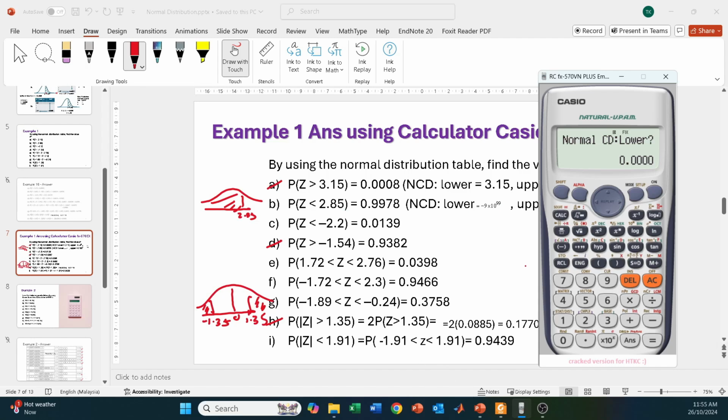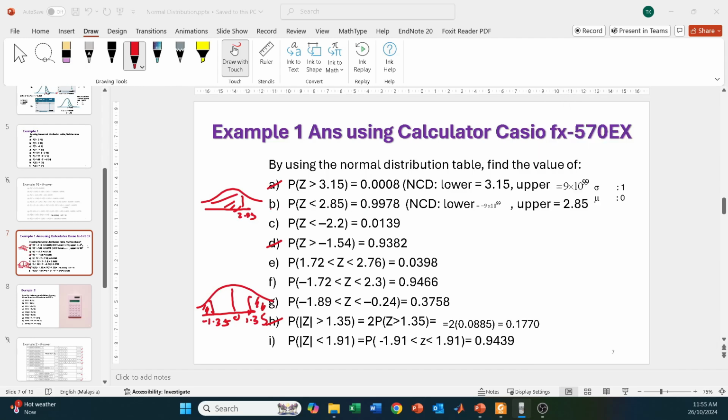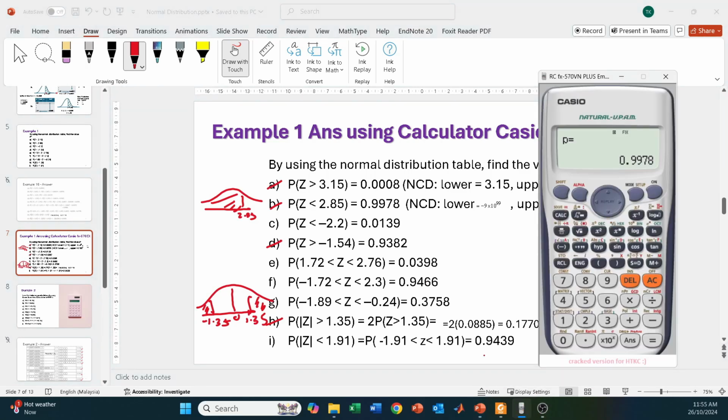Let's say I put a small number, negative 9 times 10 to the power of 99, and maximum 2.85. Sigma 1, mu 0. You get 0.9978. For C, same thing: lower is a small number, maximum up to negative 2.22. Sigma 1, mu 0, you get 0.0139.